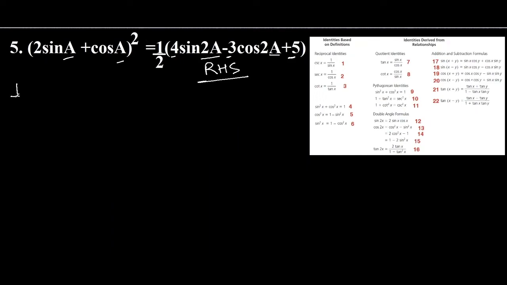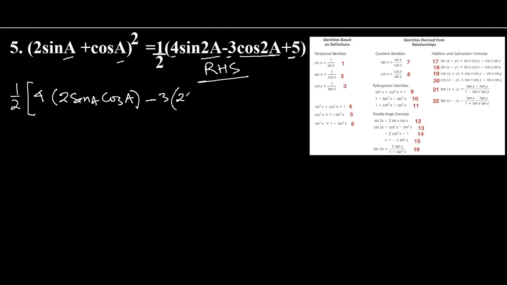So let's write half outside and then 4, and sine 2a has an identity here, number 12, which is 2 sine a cos a, minus 3 cos 2a. If you look here, I've already got sine, so let's talk about cos. If I get cos 2a, identity number 14 will help.